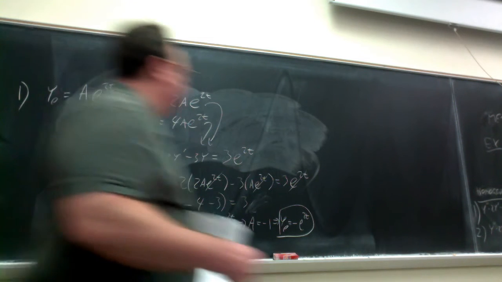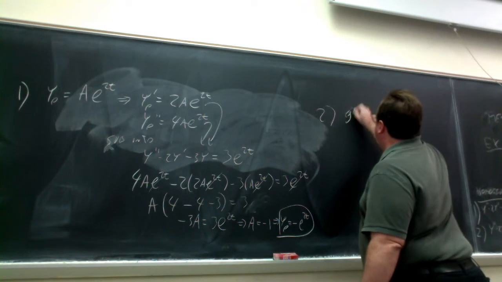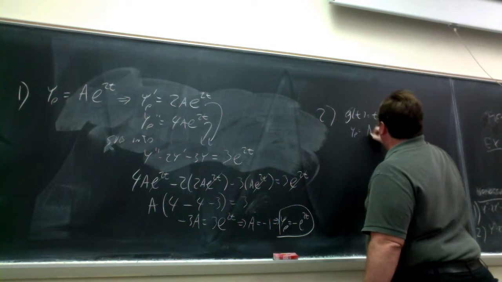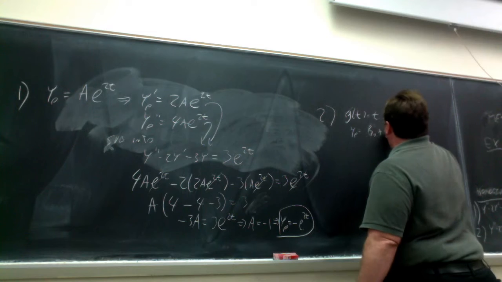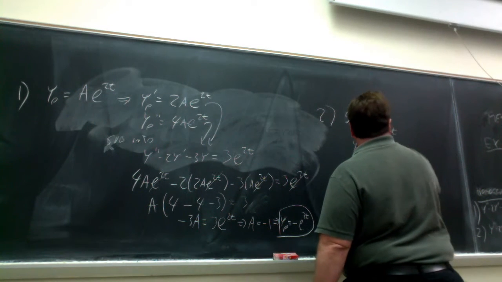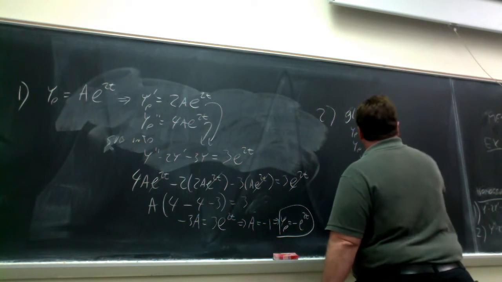For the other one, where g of t is just equal to t, and your particular solution is found to have a form b0 plus b1t, you go ahead and find your derivatives. So the first derivative will just be b1, and your second derivative will be 0, so that's convenient.